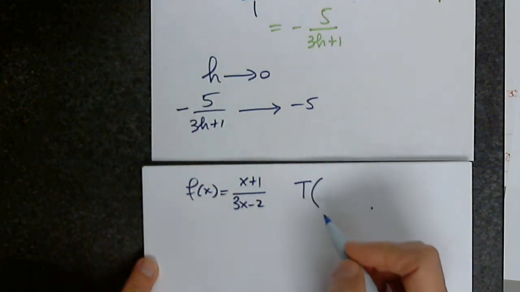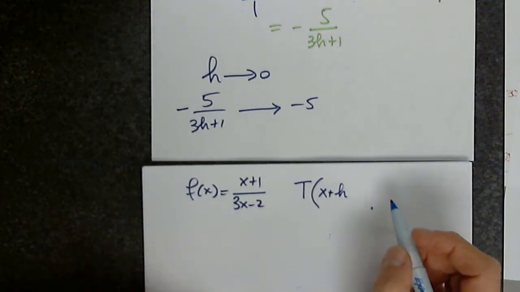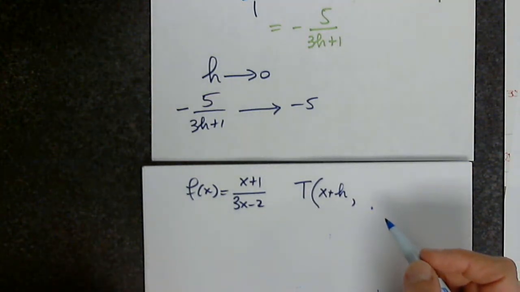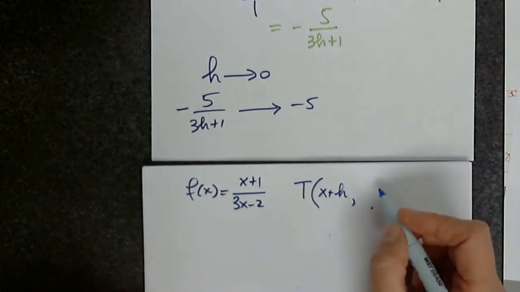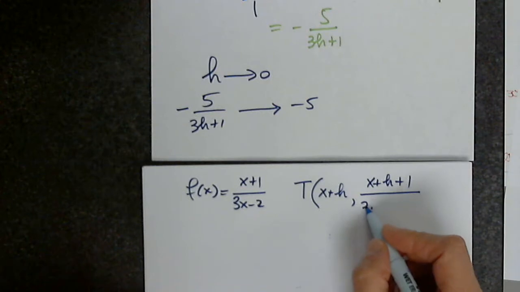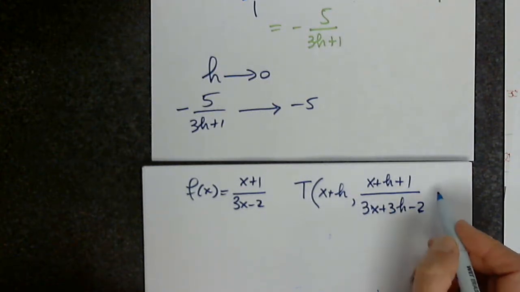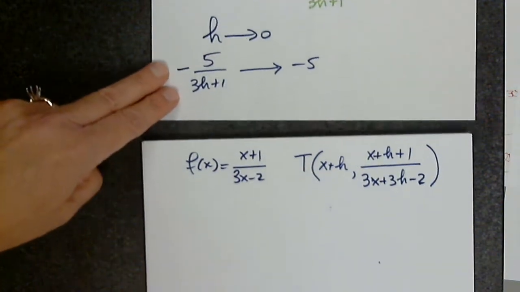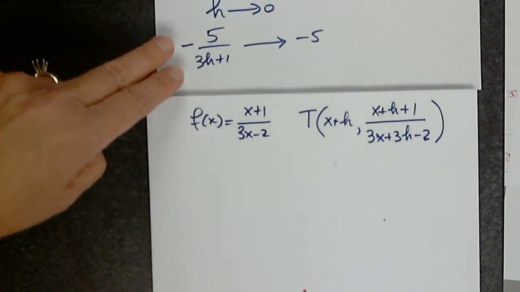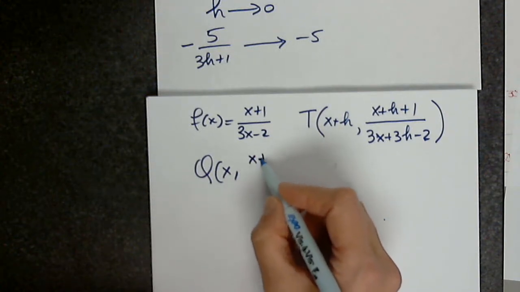But our point is x plus h, comma, f of x plus h. X plus h plus 1 over 3x plus 3h minus 2. That will be our second point. And Q is x, comma, f of x.